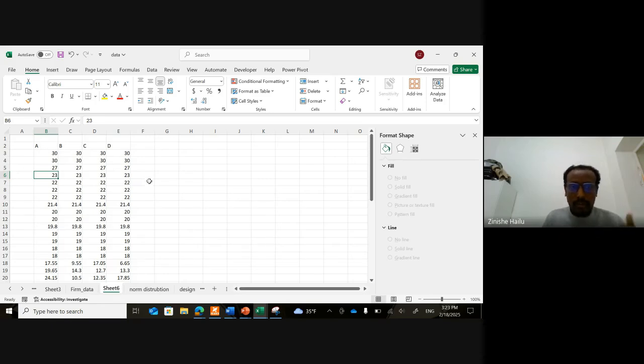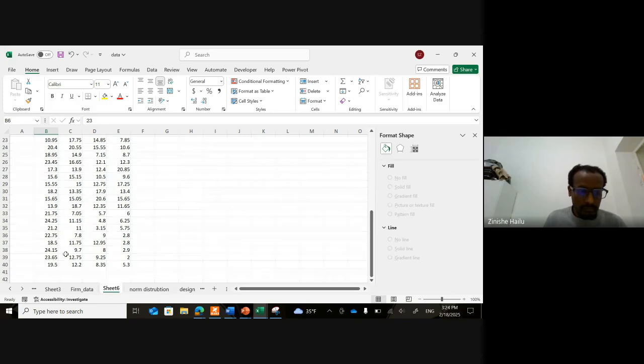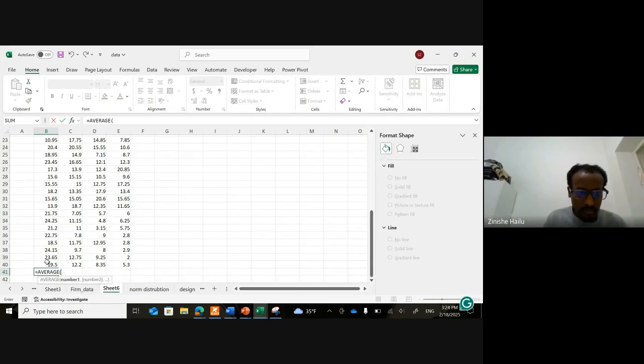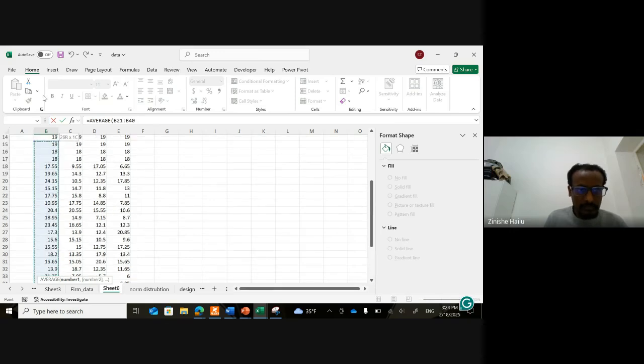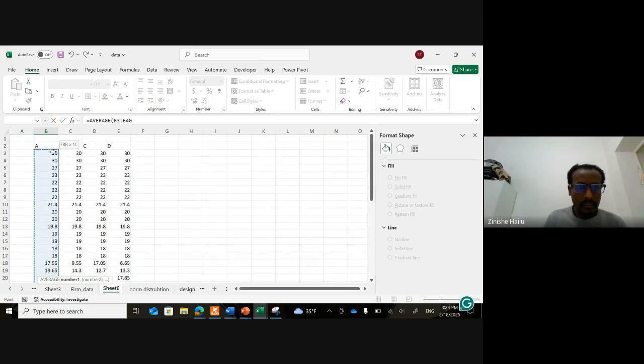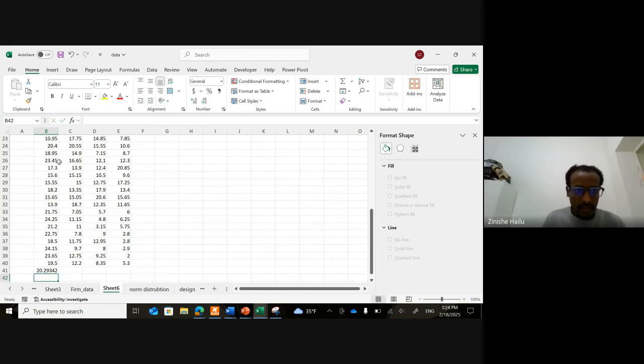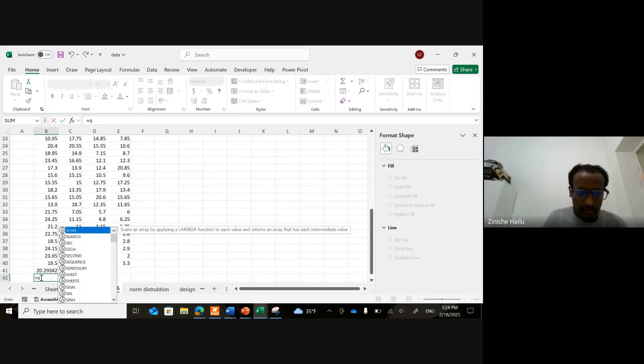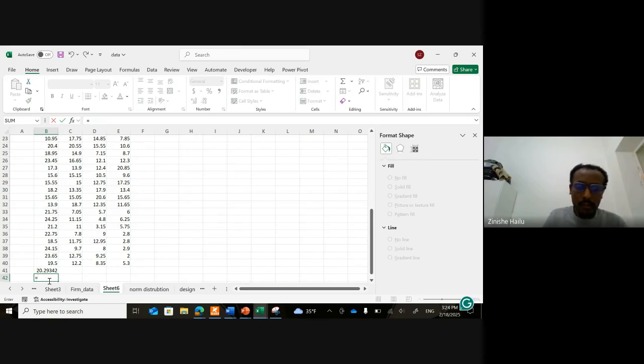So mostly, if you want to make the visualization, first you can make the mean and the standard deviation here. The average of this and the standard deviation of this, because for the precision of the measurement, you have to measure whether the process is okay or not under each category.